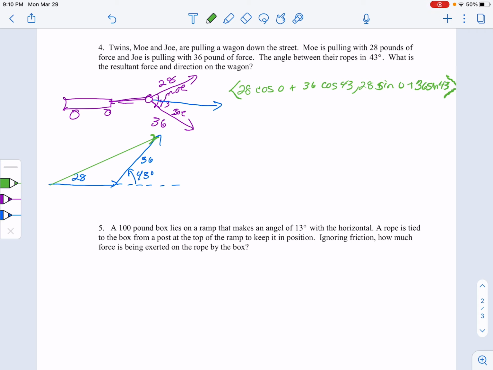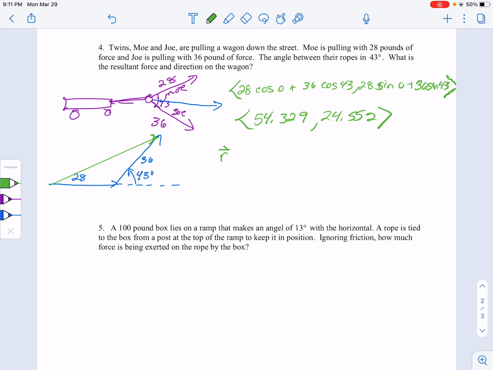On the calculator, 28 cosine of 0 plus 36 cosine of 43 tells me it's 54.329. And 28 times the sine of 0 should be 0, right? Plus 36 sine of 43 is 24.552.